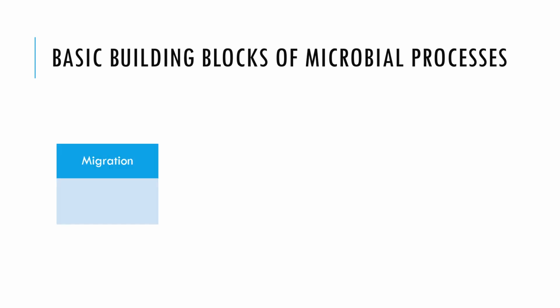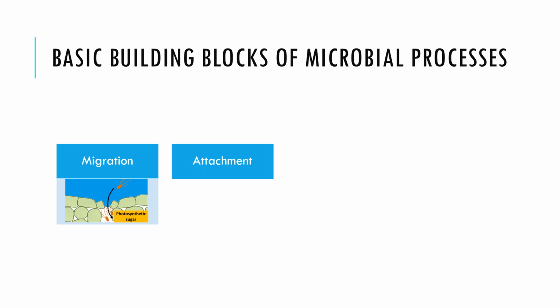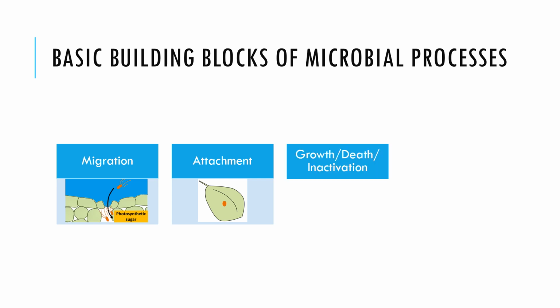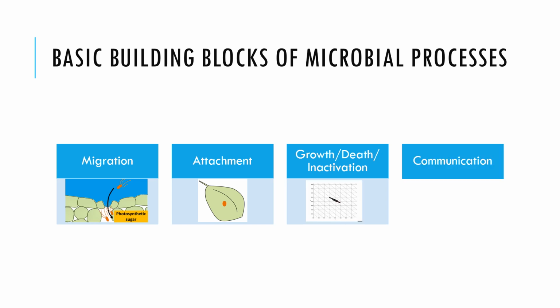What are they? Migration is one: how bacteria migrate. Attachment, how they attach to a surface, is the other building block. Growth or inactivation is the third part, and finally, communication is the fourth one.